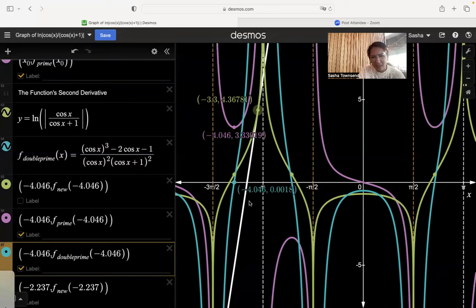It's not exactly right because I was estimating, but I was saying that the second derivative was 0 there. It looks like the second derivative is 0.0018. I was looking for the true 0. It's very close to that, negative 4.046.